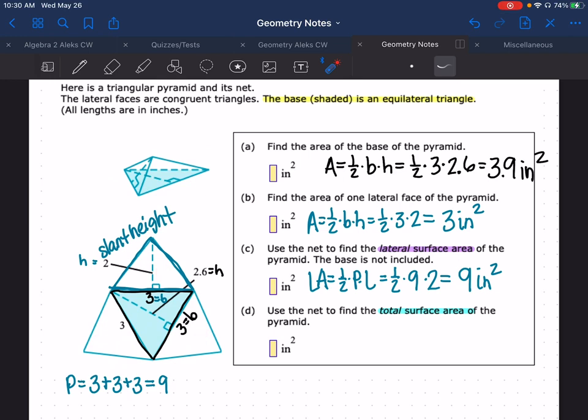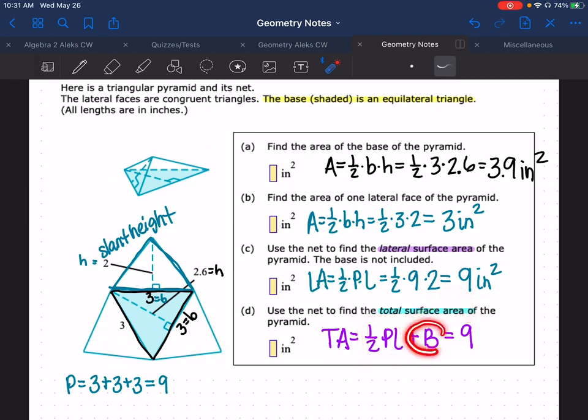All right, the total surface area is 1/2 times P times L, plus the area of the base. You have all this information already. 1/2 times P times L is this number right here, so that's where the 9 came from.